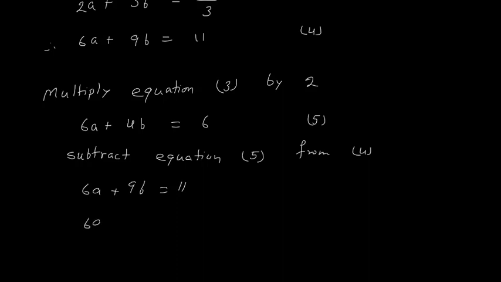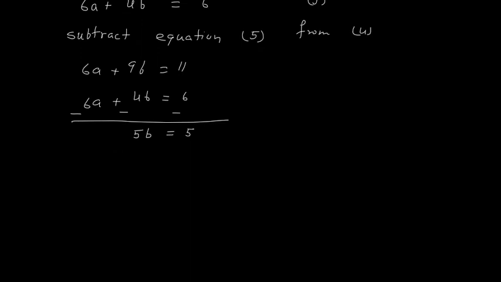Then we write 6a plus 4b equal to 6, and then I subtract it. The sign will change. This will cancel. 9 minus 4 is 5. So I get 5b. 11 minus 6 is 5. So the value of b is 1. So therefore I get b is equal to 1.